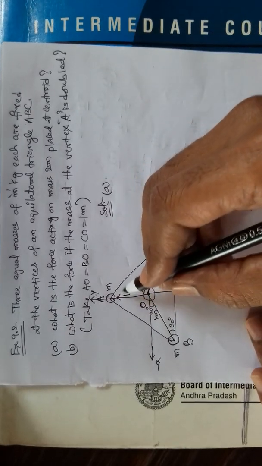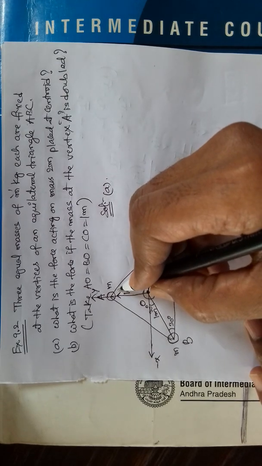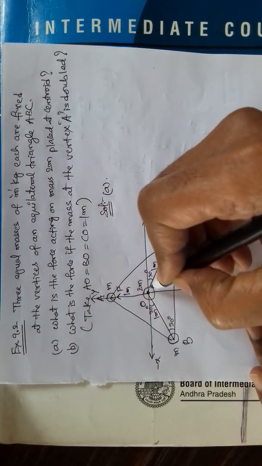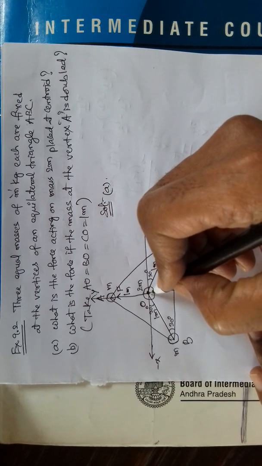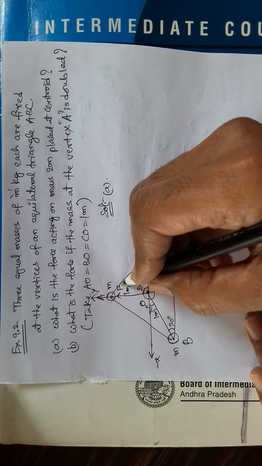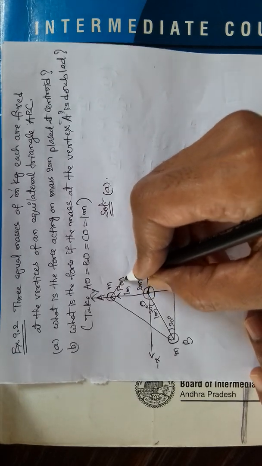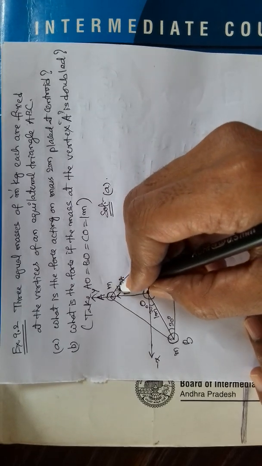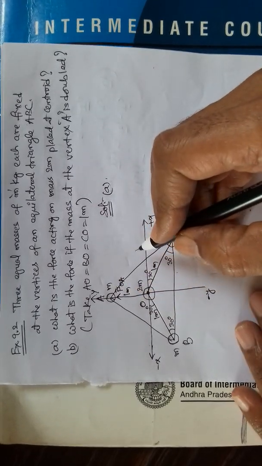This can be called as force on this mass placed at O by mass placed at A. So let us write this as FOA, force on O by A.